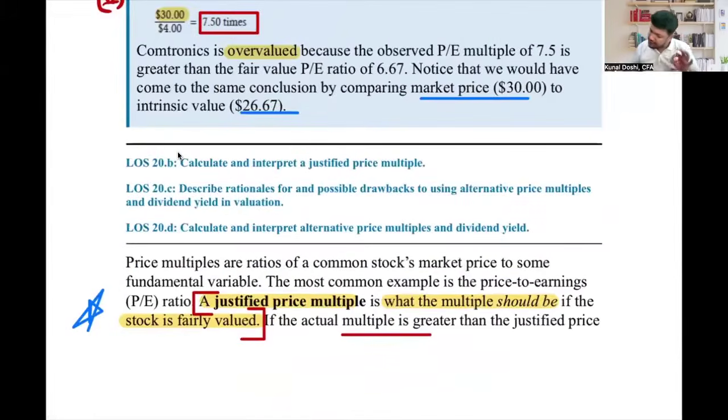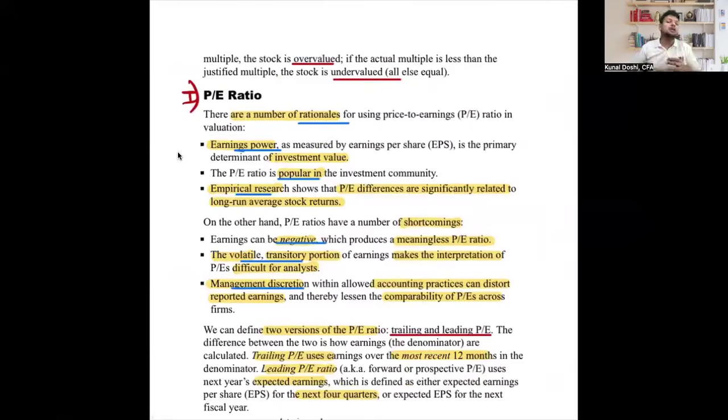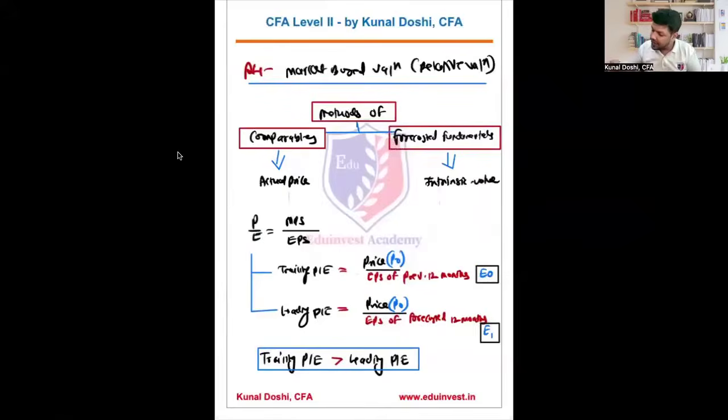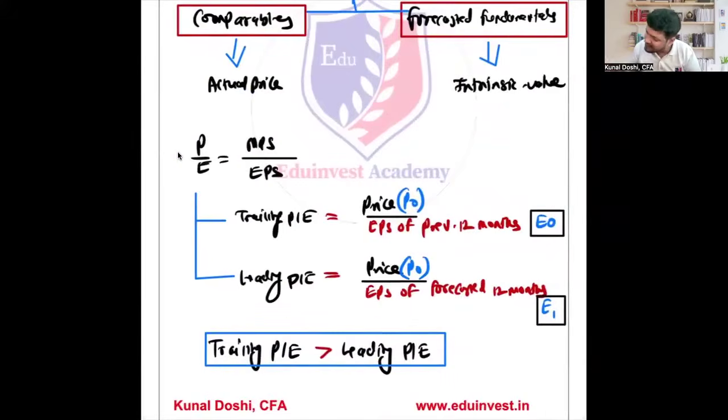Justified PE ratio means what the PE ratio should be. Here, just to give you an idea about the justified PE ratio, which is based on the intrinsic value, the price is based on Gordon's growth. So we use D1 over cost of equity minus growth.